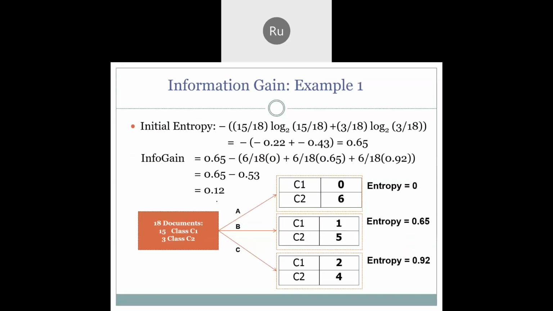the total will be 15. This is the initial entropy. So for the initial entropy we will have two terms. One is 15 over 18, this is for class 1.